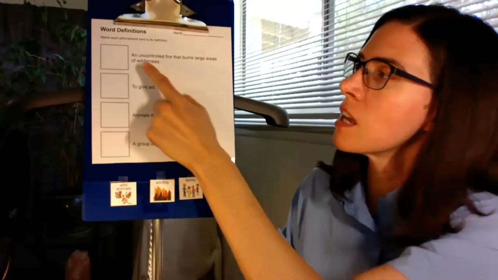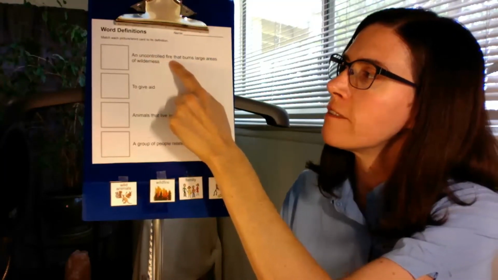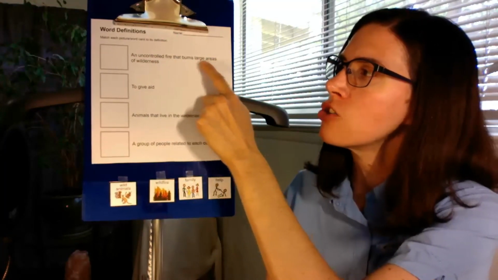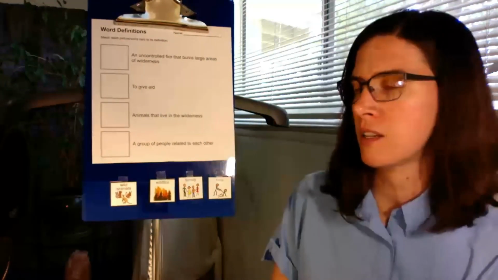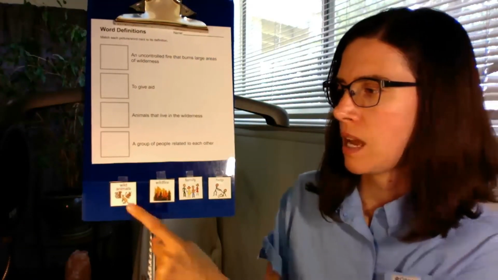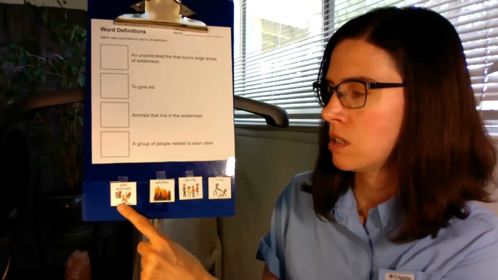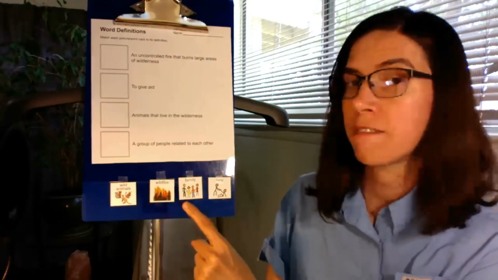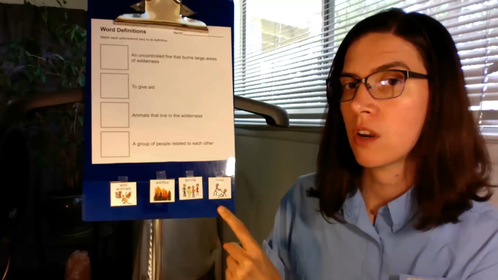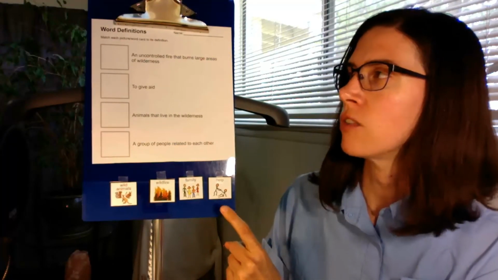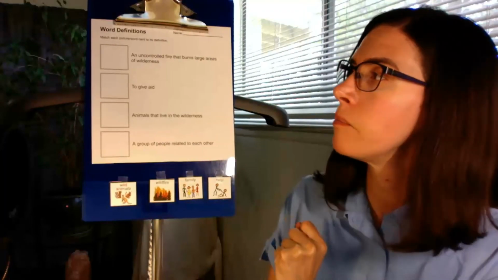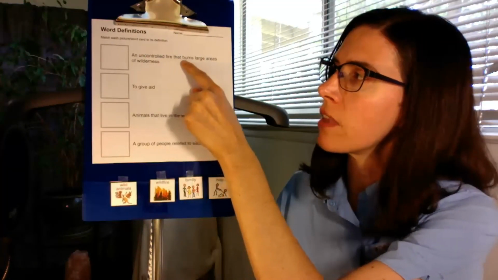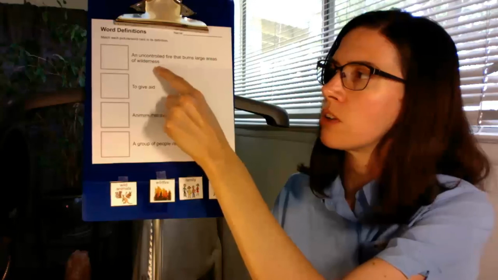The first one says, an uncontrolled fire that burns large areas of wilderness. Is that wild animals, wildfire, family, or help? I'll read it again and then I'll give you time to think. An uncontrolled fire that burns large areas of wilderness.